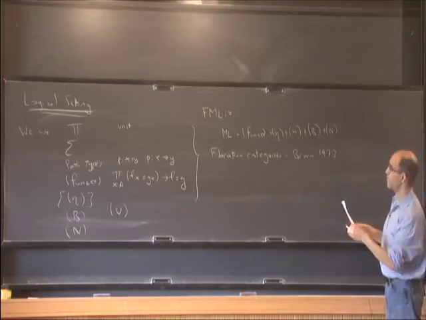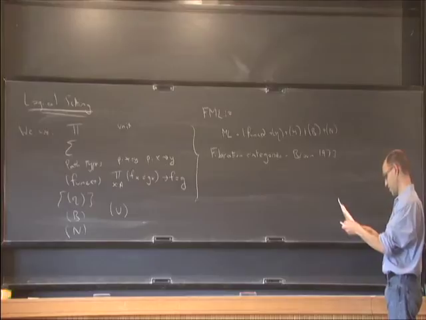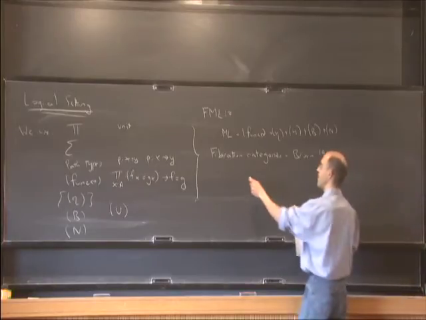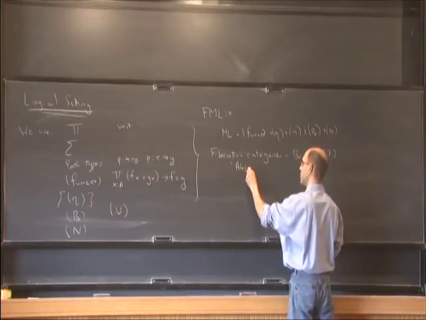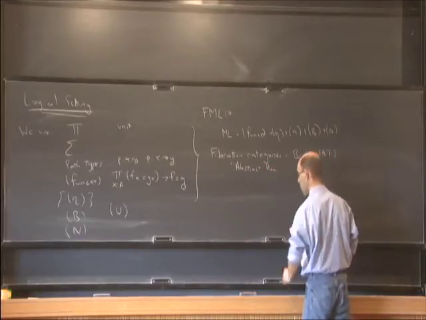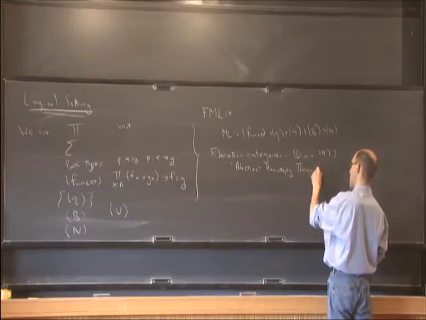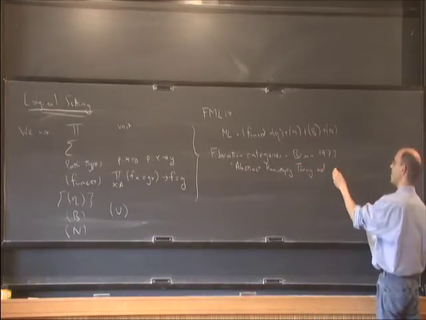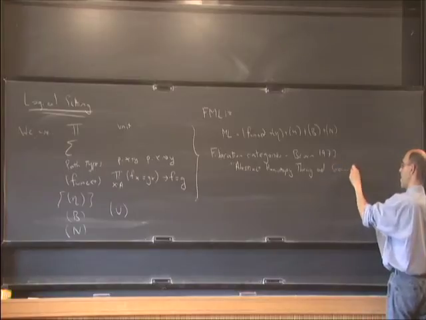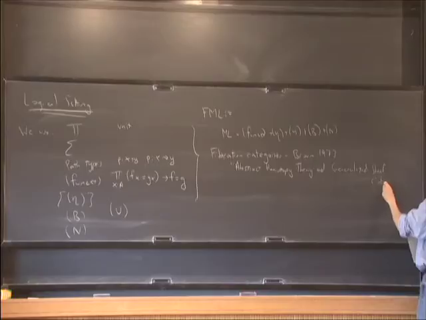The title of our talk is a nod to his paper, whose title was Abstract Homotopy Theory and Generalized Sheaf Cohomology. We have nothing to say about generalized sheaf cohomology. Not yet.